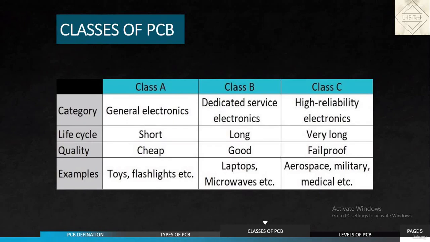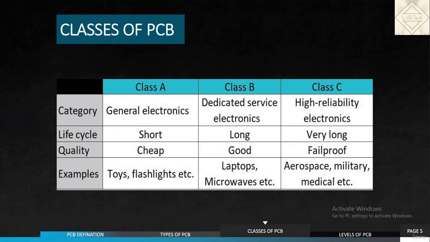For example, if you buy a PC, they will give you a 1 year, 2 year, or 3 year warranty. So the life cycle is very good, and the quality is also very good in class B PCBs.